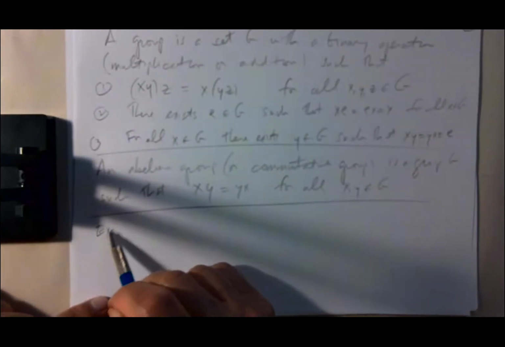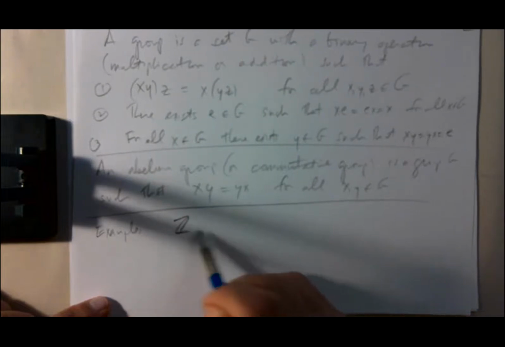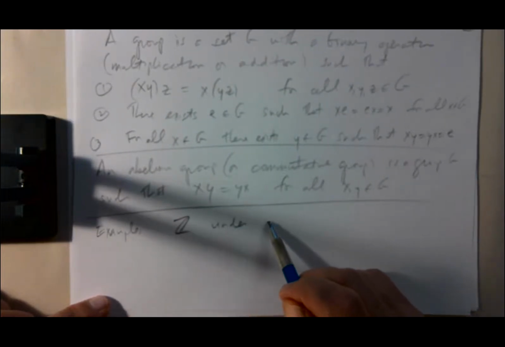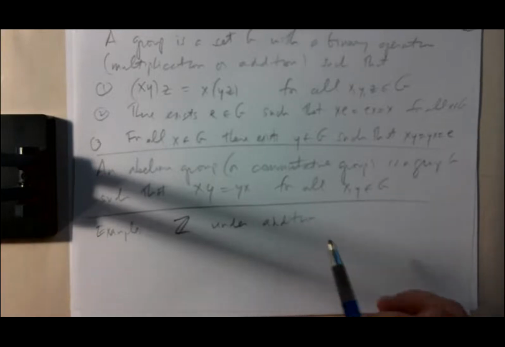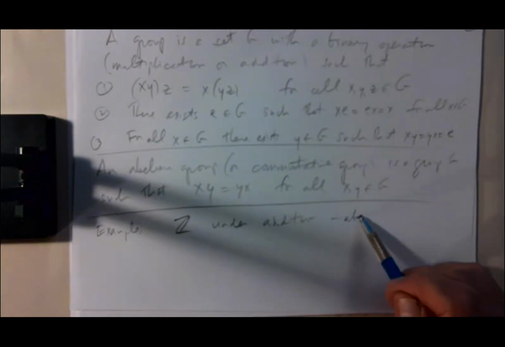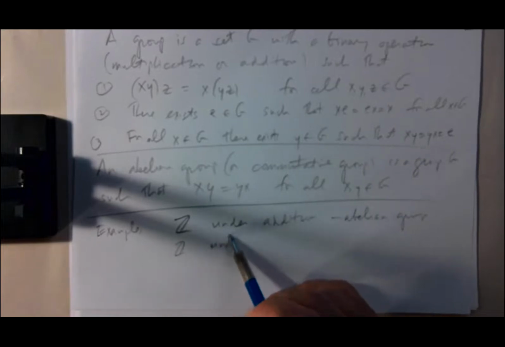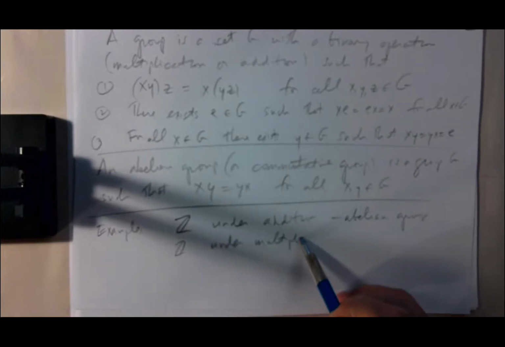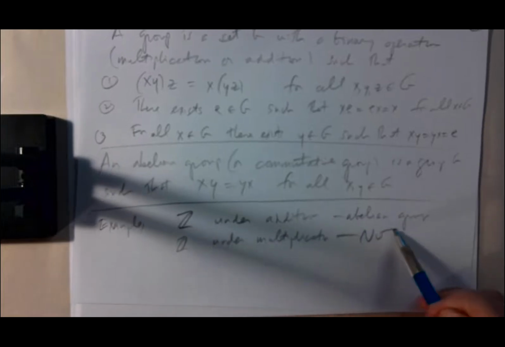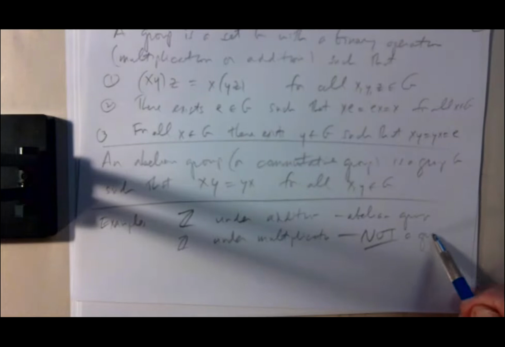So the integers under addition, the binary operation of addition, is an abelian group. The integers under multiplication are definitely not a group because there are no inverses. The identity is the integer 1, but there's no inverse of 2. 2 times a half is 1, but a half's not an integer.